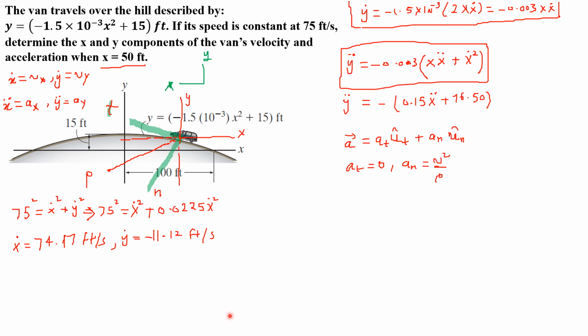Now let us think about this. I want to find a_n. V is given to be 75, but what about rho? If the path function is described by a curve like this, then rho can be found from this relation: rho equals open a bracket, 1 plus y prime squared, everything to the power 3 over 2, over the absolute value of y double prime.